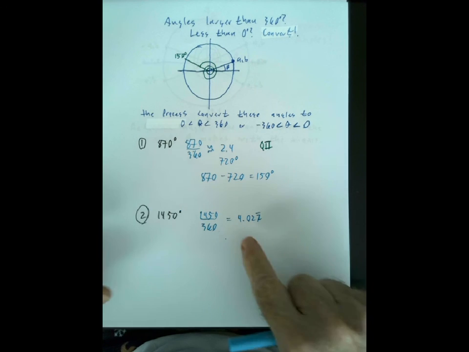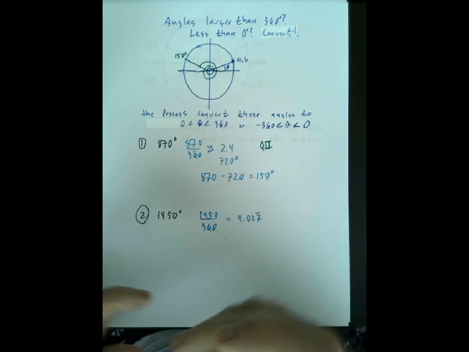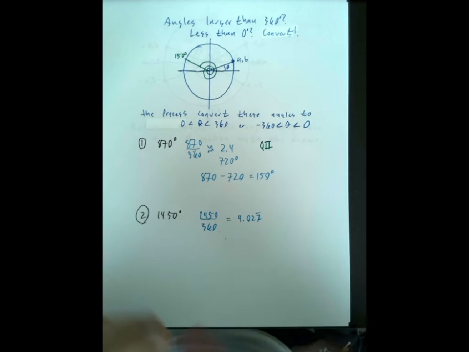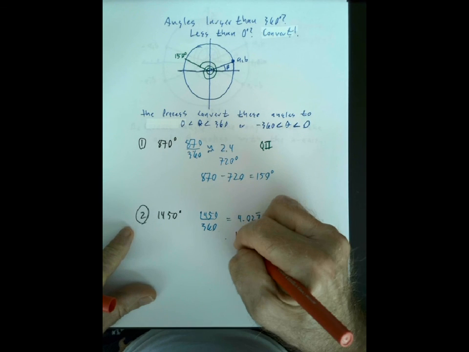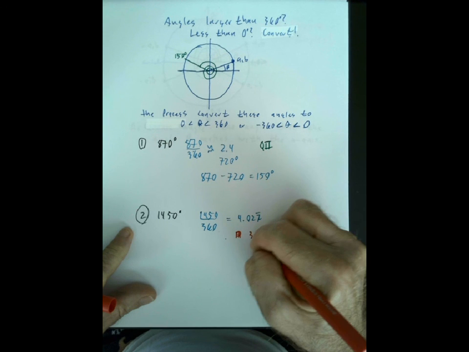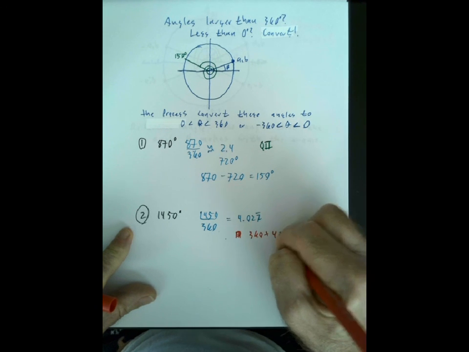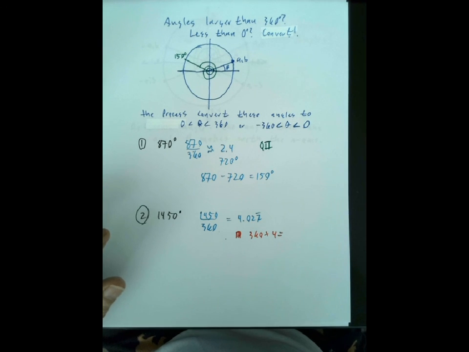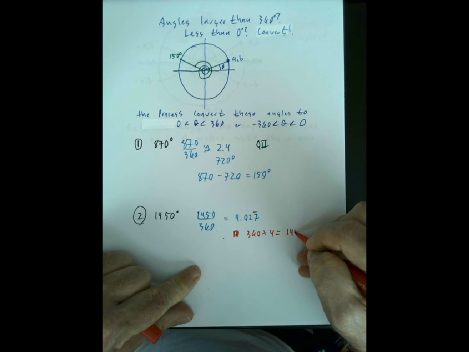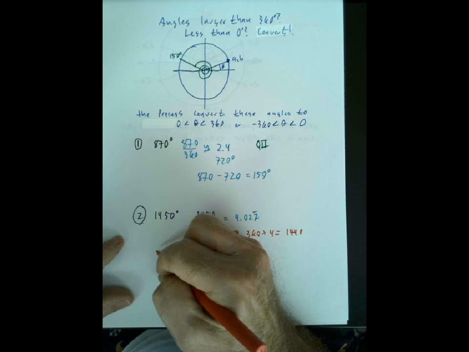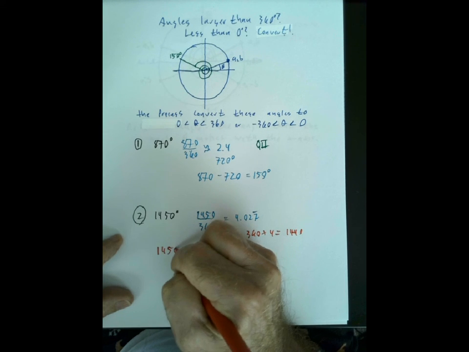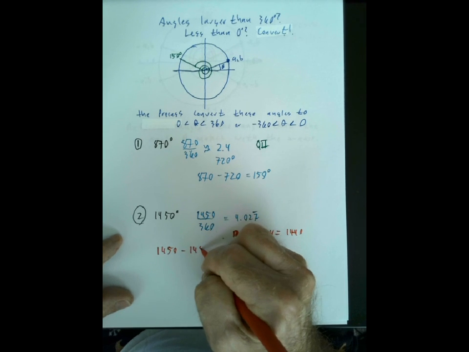So now I'm going to multiply, I'm going to get a different color here. Oopsie. 360 times 4, that's 1440. So 1450 minus 1440.